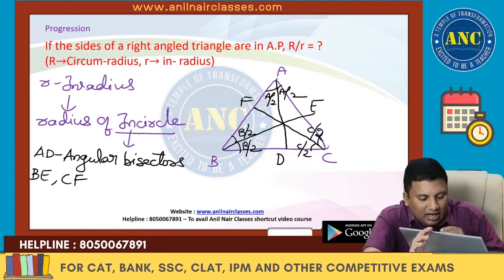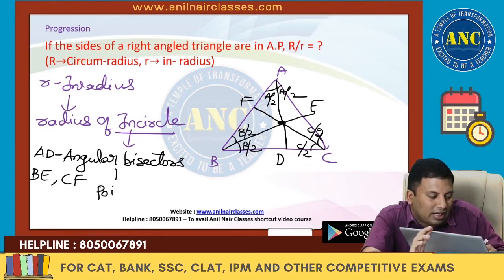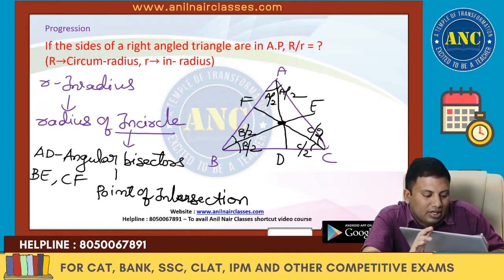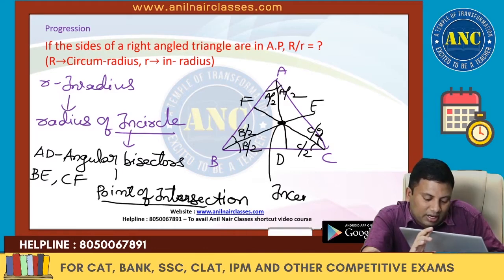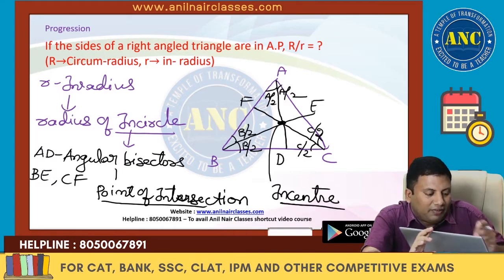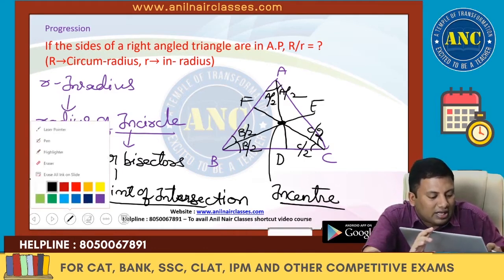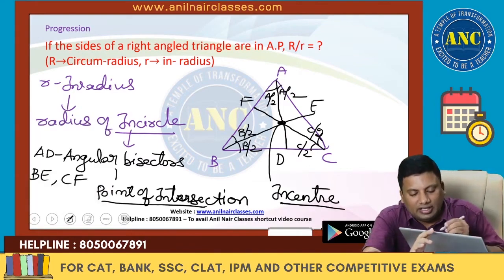Now the point of intersection of angular bisectors is nothing but the incenter.